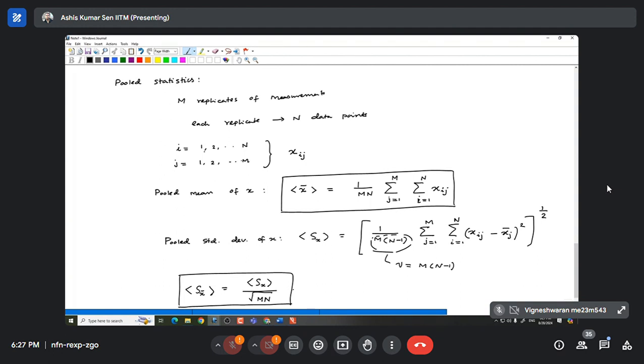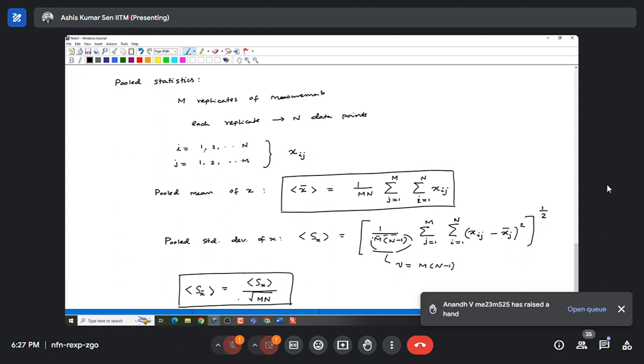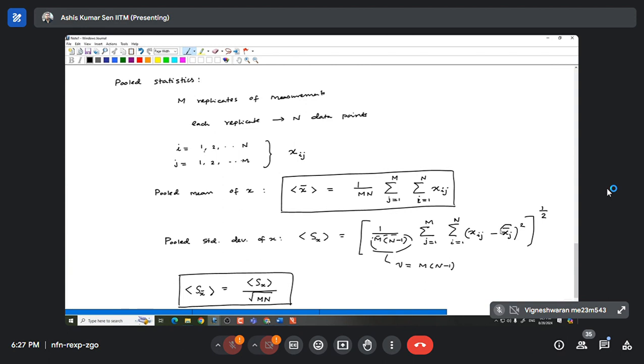If you know the pooled mean, how do we attribute the degrees of freedom as m into n minus 1? Any reason for it? Basically, for each j you are finding the mean. We discussed why you use n minus 1.